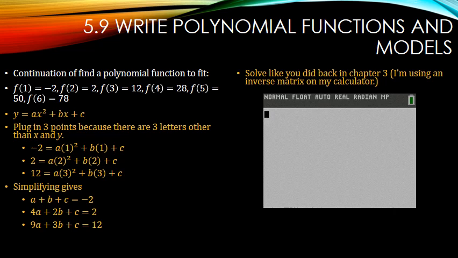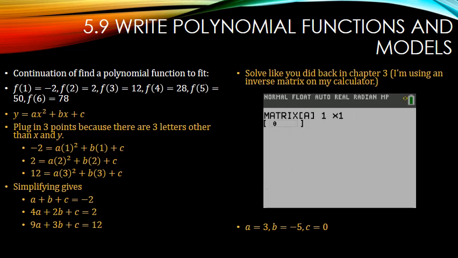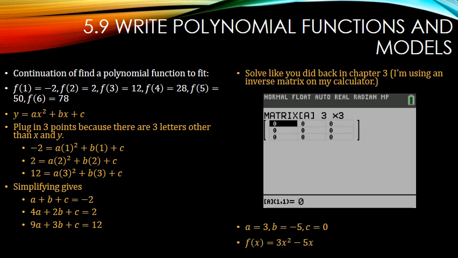As you can see there, the first number was 3, the second number was negative 5, and the third number was 0. So A is 3, B is negative 5, C is 0. So our function is that after we have filled in A, B, and C from that quadratic equation.